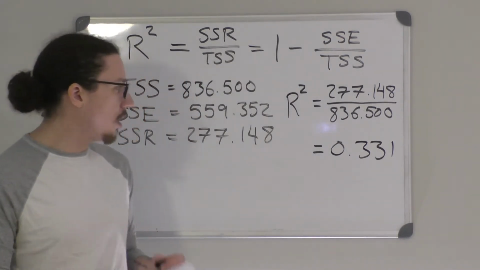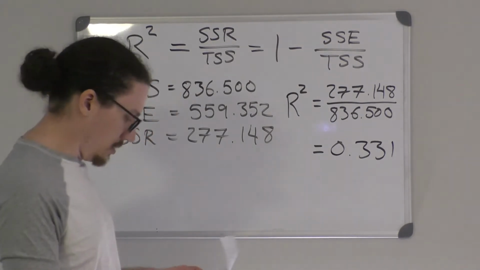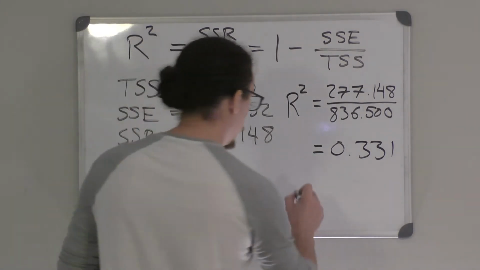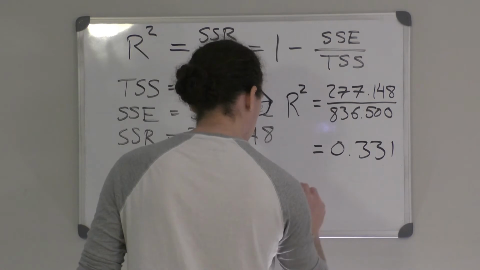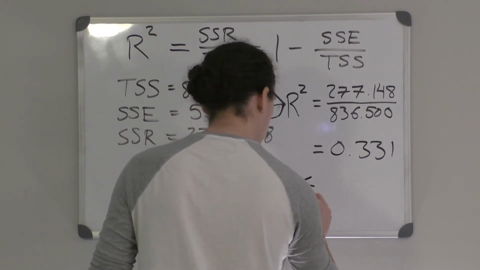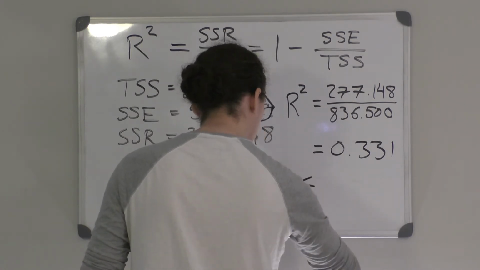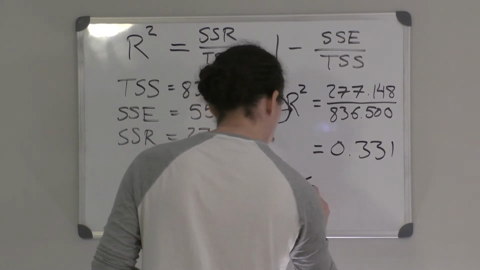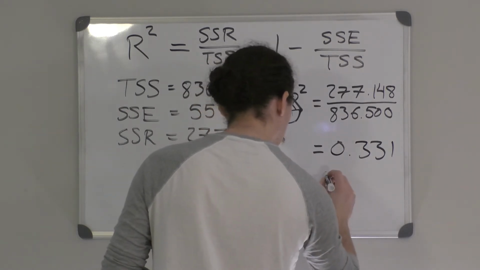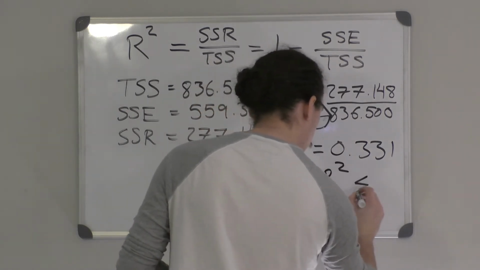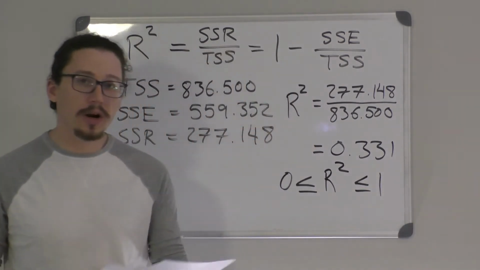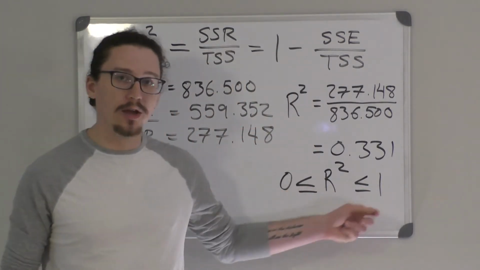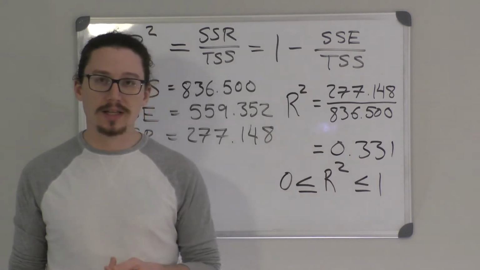So again, R squared has to be between 0 and 1. You should always get a decimal value.